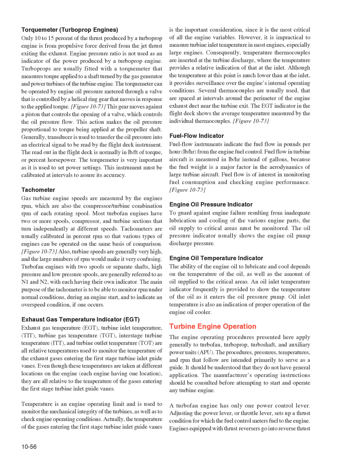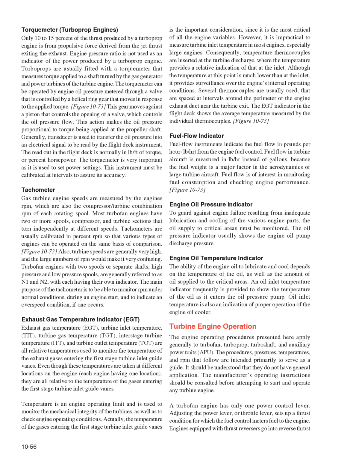Tachometer. Gas turbine engine speeds are measured by the engine's RPM, which are also the compressor/turbine combination RPM of each rotating spool. Most turbofan engines have 2 or more spools, compressor and turbine sections that turn independently at different speeds. Tachometers are usually calibrated in percent RPM so that various types of engines can be operated on the same basis of comparison. Figure 1073.